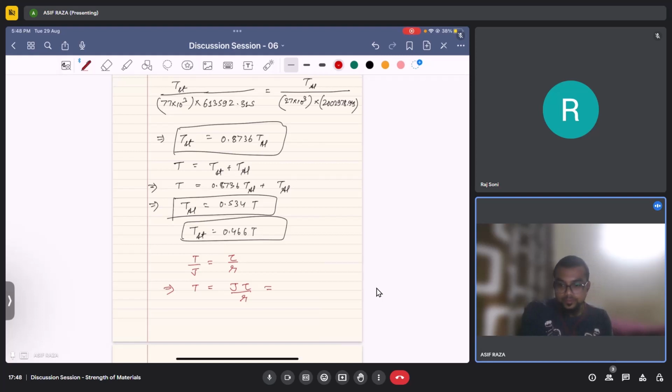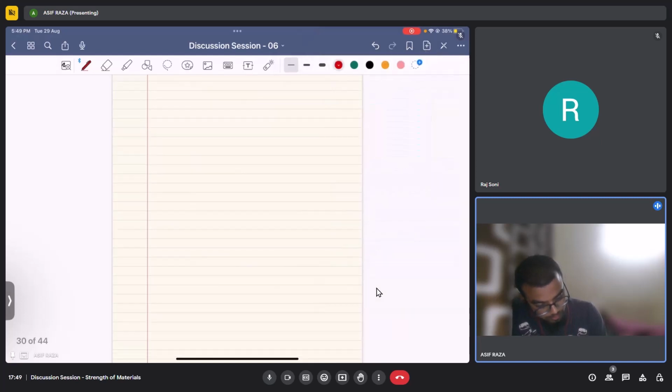So if I use tau max aluminum, T aluminum will be tau aluminum times J aluminum upon R aluminum.